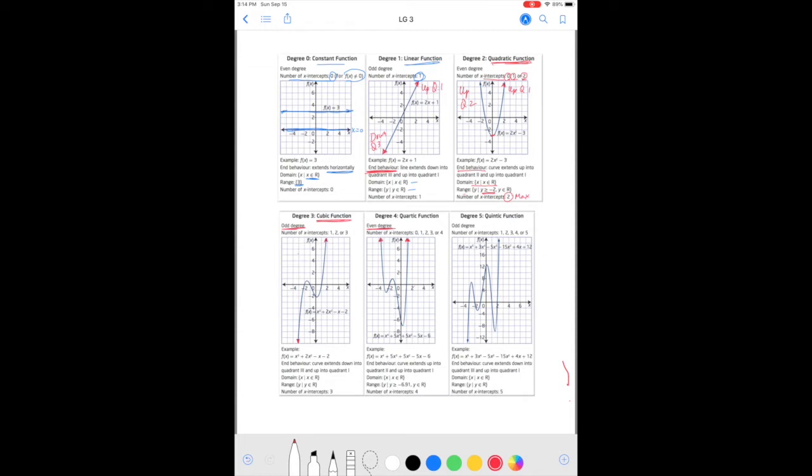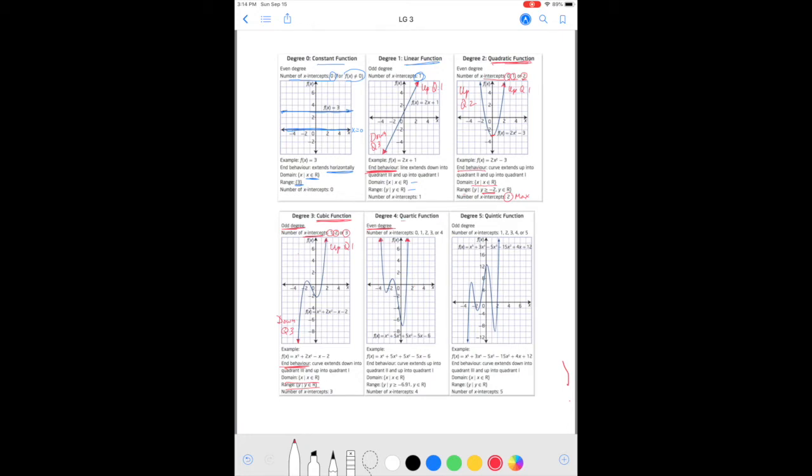So now, the possible x-intercepts, you could have 1, 2, or 3. You cannot have 0. For every odd number, you have to have at least 1. Now, the end behavior, well, you can say it's up, quad 1, down, quad 3. And the domain and range are going to be all reals.